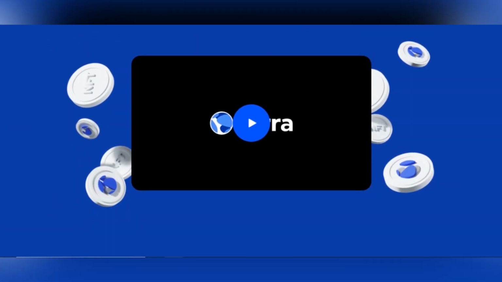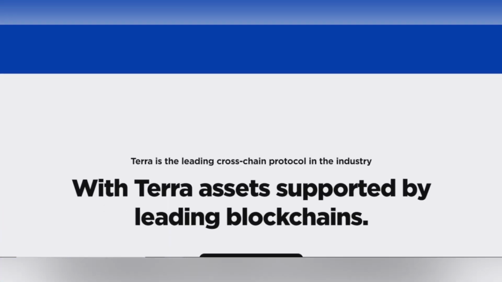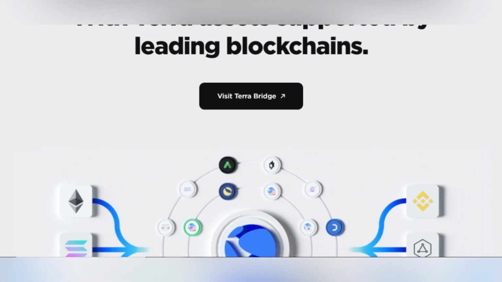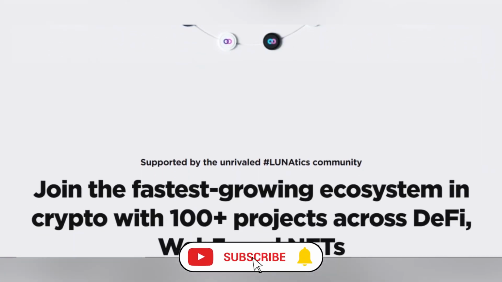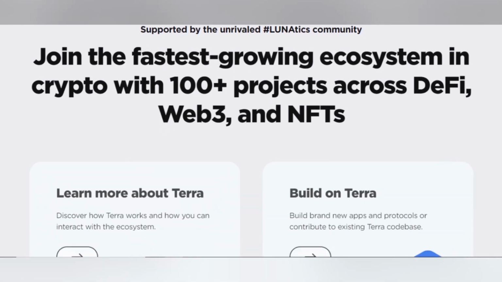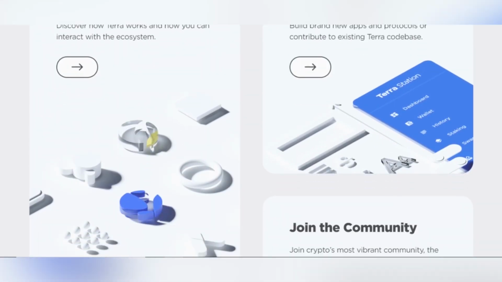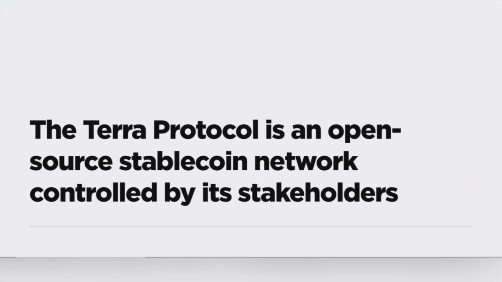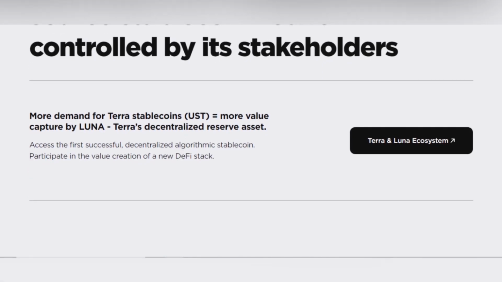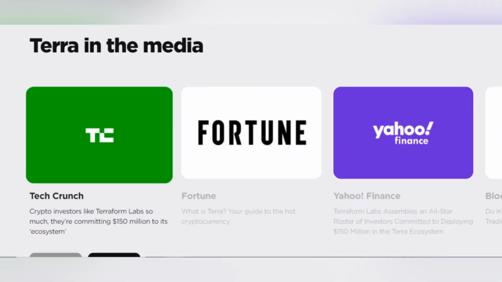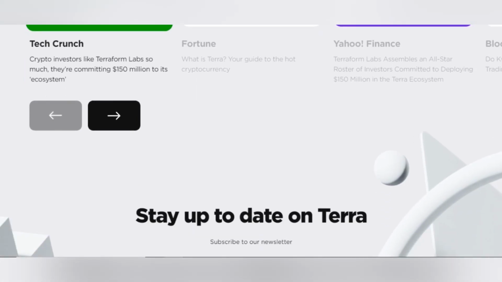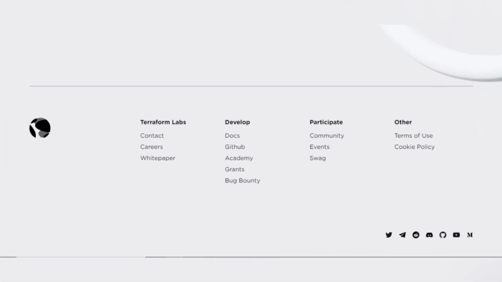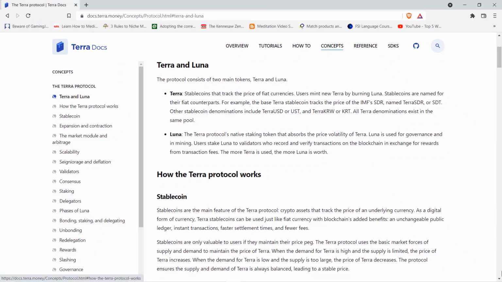So if Terra can figure out a way to be the headliner for stablecoins for transactions between them, then it's a big and bright future for the Luna token, and for the Terra protocol, the Terra blockchain, I mean. So definitely you don't want to ignore Terra as it develops. If they can reach that status of being the go-to place for exchanging between crypto tokens, it will definitely be something that you want to have in your portfolio.